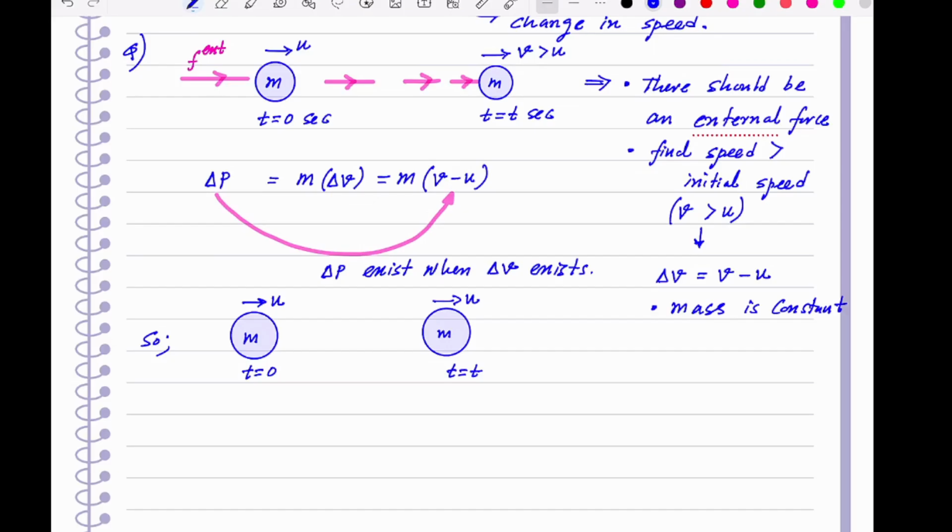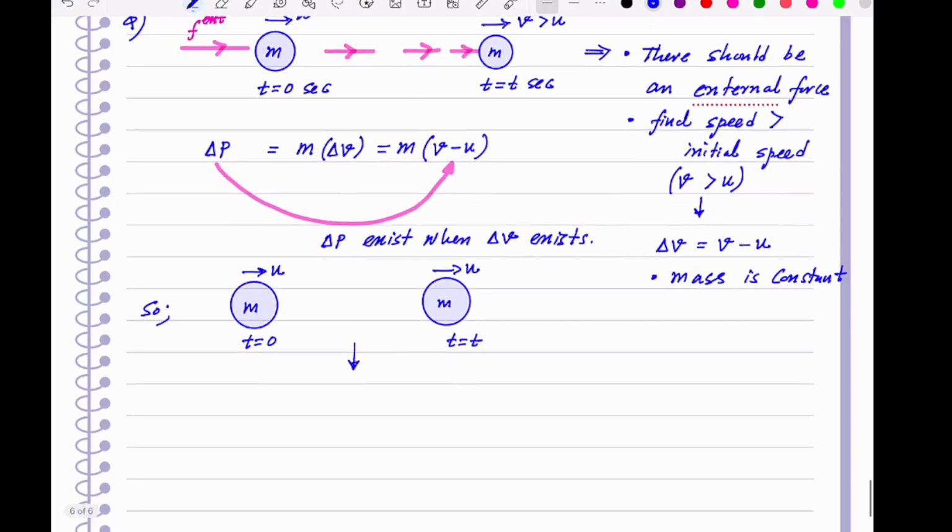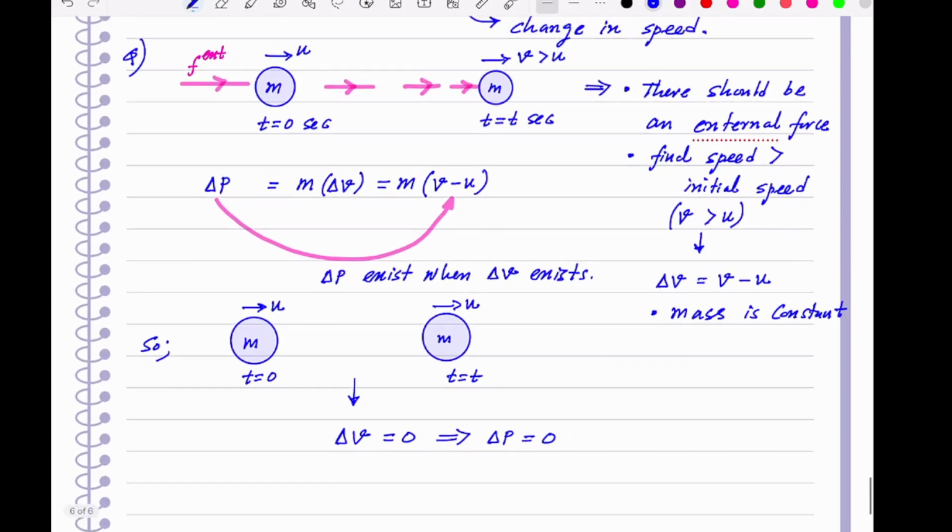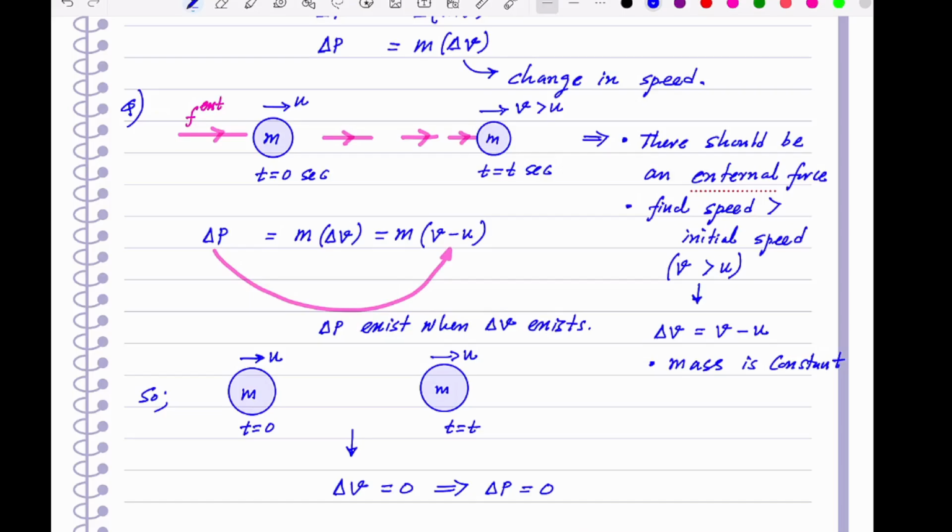In this case, you don't have delta v, there is no speed difference or velocity difference. So if you don't have a velocity difference, this will tell you that there is no momentum difference. Right, so now this we understood.